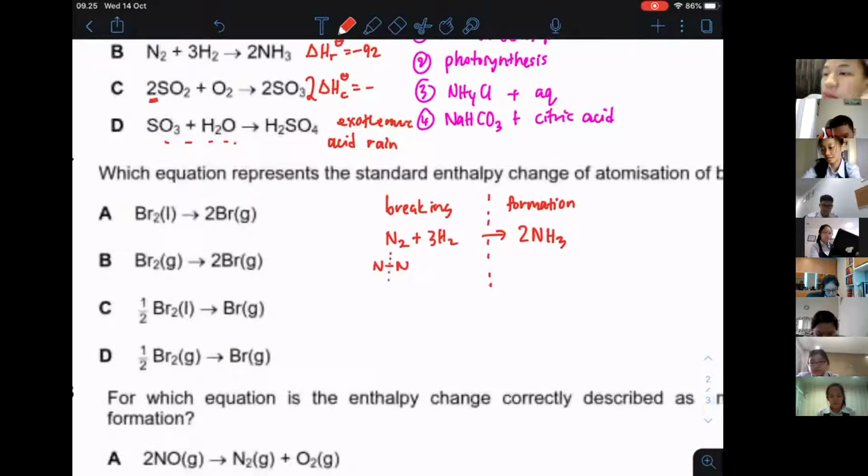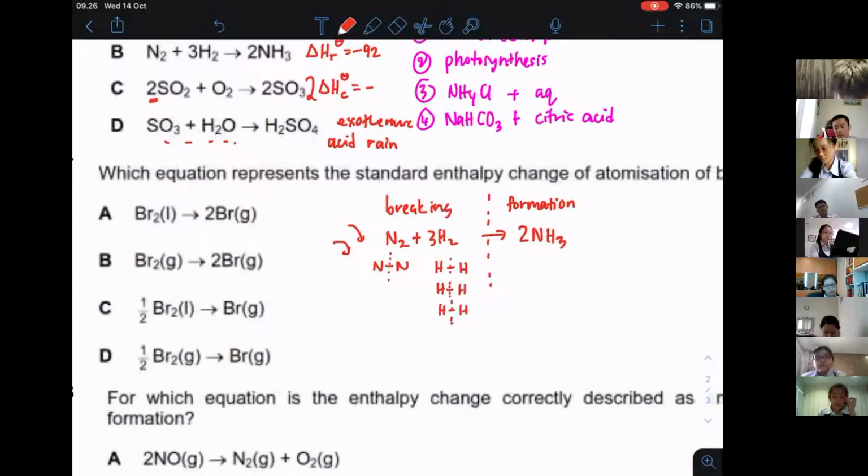In order to break bonds, you need to take energy from the surroundings, so breaking is endothermic. The same thing with the 3 moles of H2: you need to break these bonds, and in order to do that you also take energy from the environment, so this is endothermic as well.